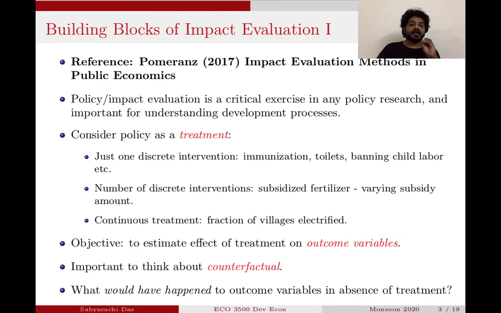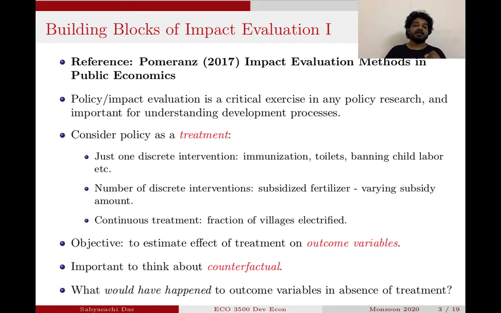Then your unit could be a district maybe. Suppose you can only observe outcomes at the district level, and you can measure what fraction of villages got electrified. So this fraction is a number between 0 and 1. So 0.3 means 30% of villages in that district are electrified.